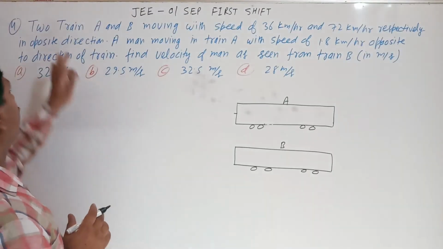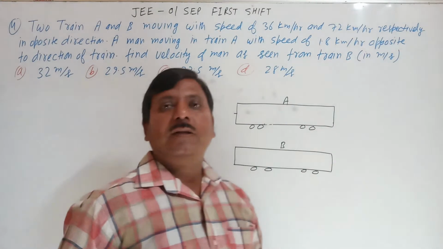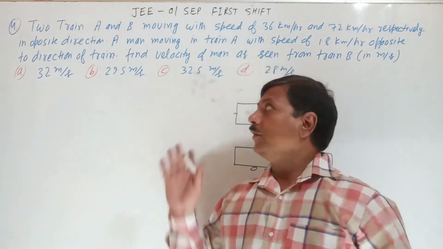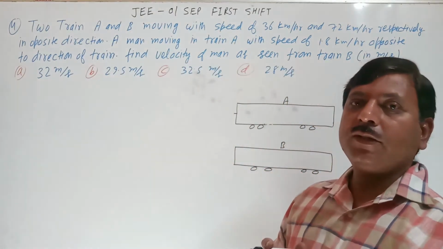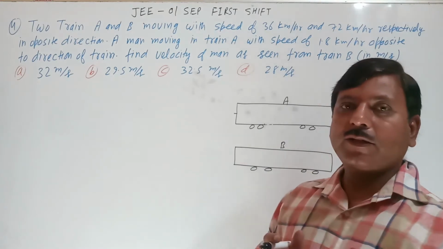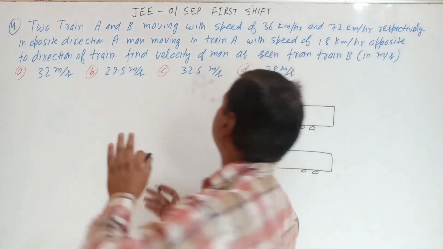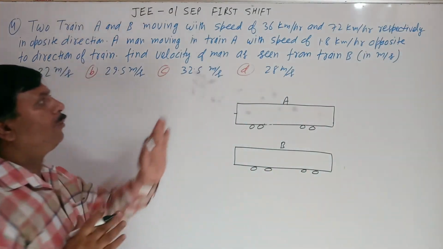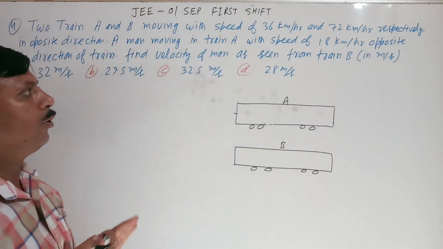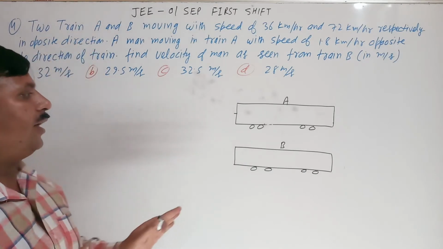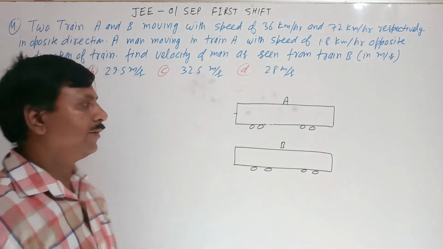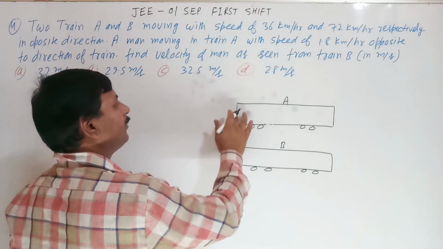See, one question is there. The fourth question, 1st September, 1st shift, JEE 2020. Two trains A and B are moving with speeds 36 km per hour and 72 km per hour in opposite directions.